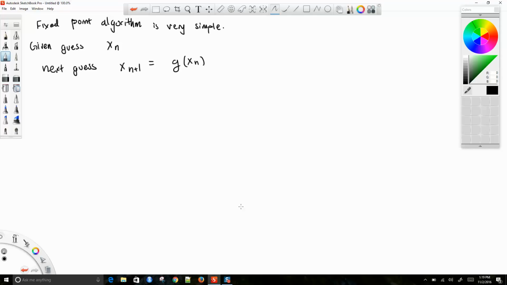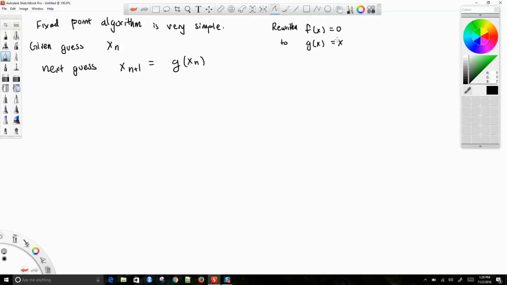So how does this work? All this is saying is, again, we've rewritten f of x equal to 0 as g of x is equal to x, right? Either we just added x to both sides, or we rearranged the terms somehow so that f of x equal to 0 is now in the form g of x is equal to x, okay?